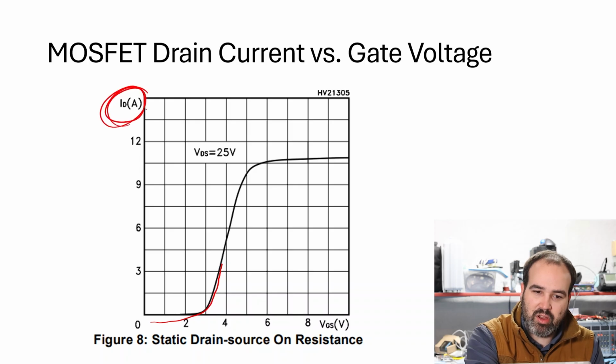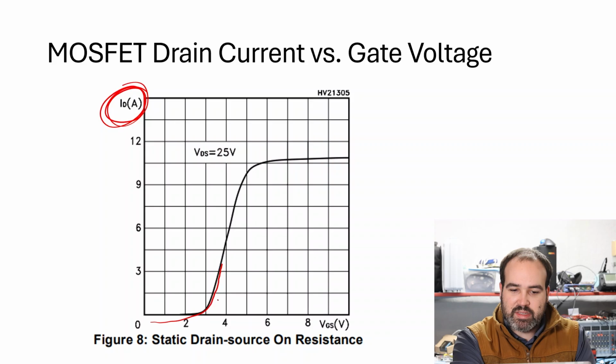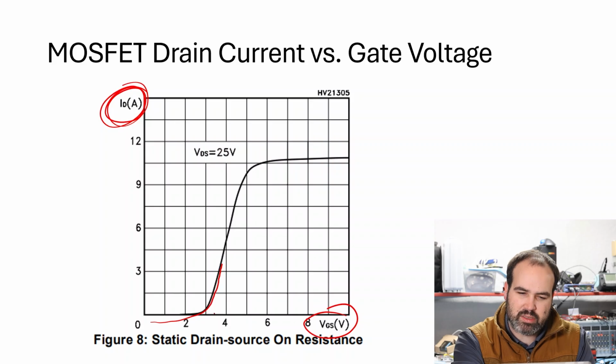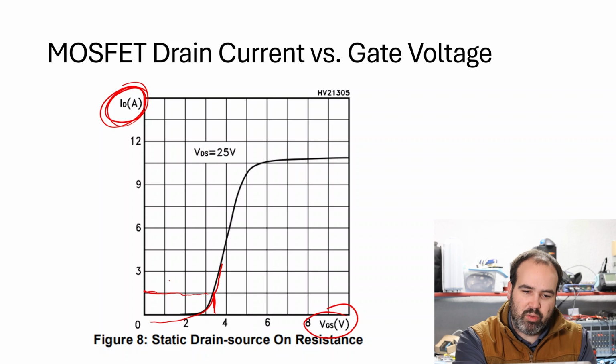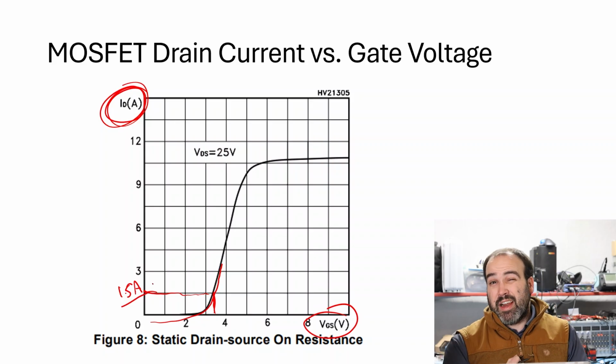In this case, we have an ID, a current draw limit. And so it's saying, for a gate voltage of like 3.3 volts, you can only put through maybe 1.5 amps. And this also may mean that the RDSon is actually kind of high at this point.